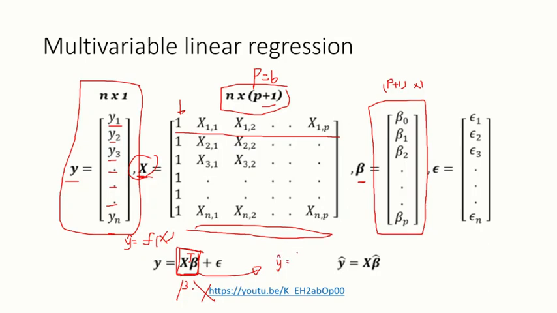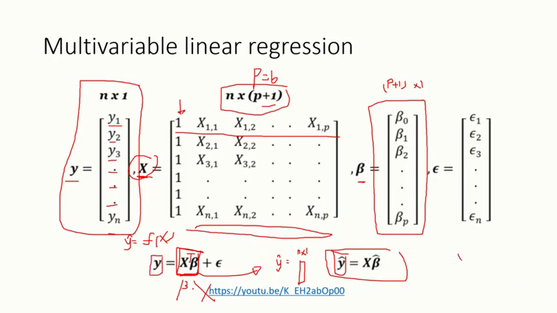This will be n times 1. It's a vector, okay? I think that's the expression of that part. Then you can use this to minus y.